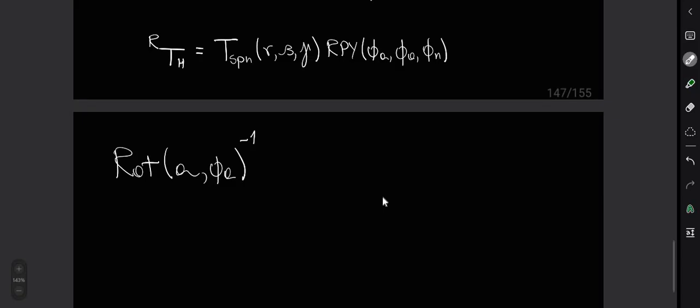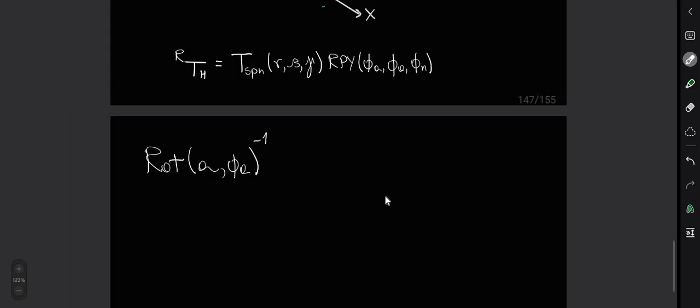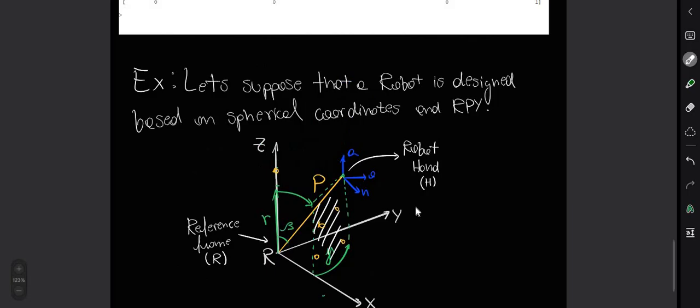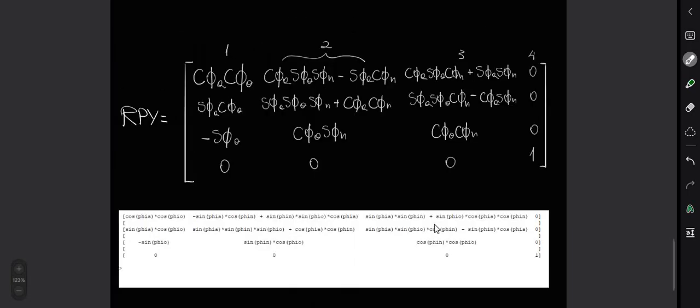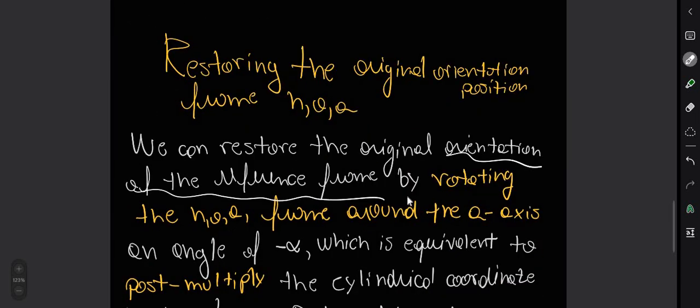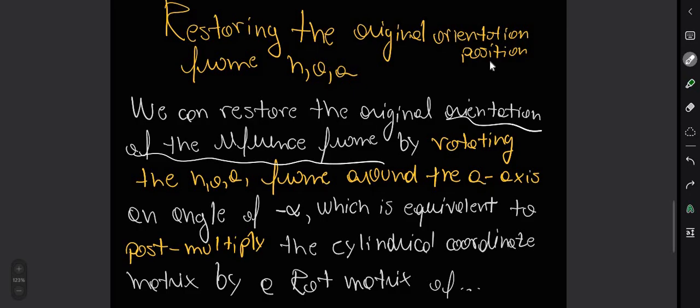So I will look for the example in which we were applying this same technique. Okay, so let me look for it. Right here. Look how nice it is. Restoring the original orientation position of the frame NOA.